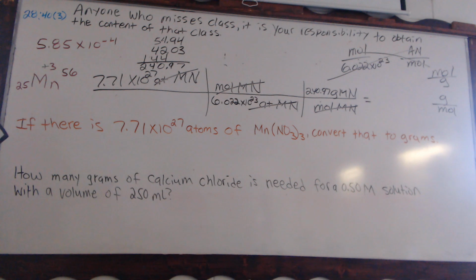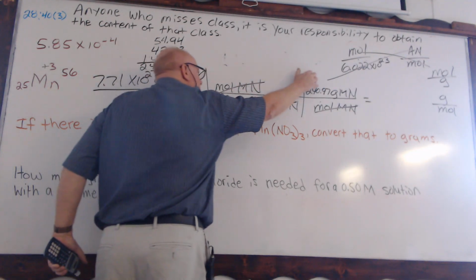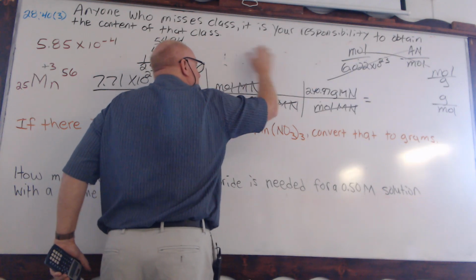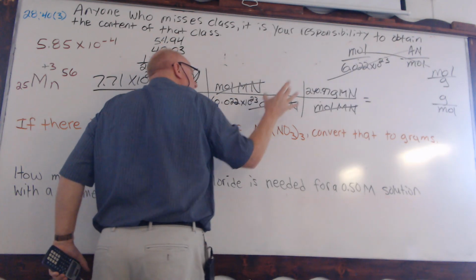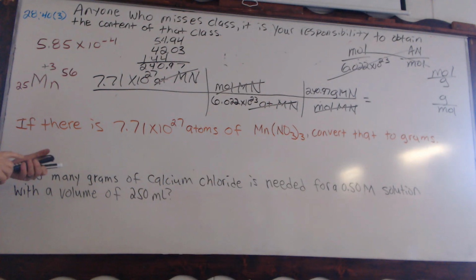Okay. So now, since these two numbers are on top, what do we do with these? Multiply, and then with this one, we divide. Okay?